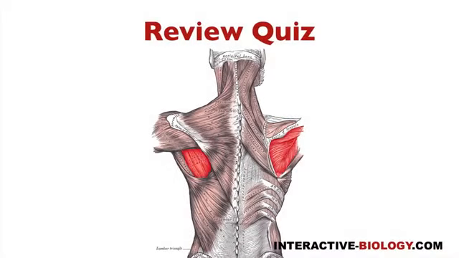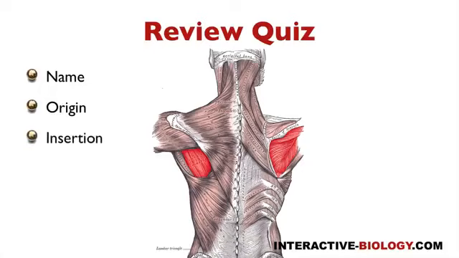Then we have this muscle, which is infraspinatus, which is inferior to the spine of the scapula. That's the name. The origin will be the infraspinous fossa. It's going to insert on the middle facet of the greater tubercle of the humerus. The action is going to be external rotation.